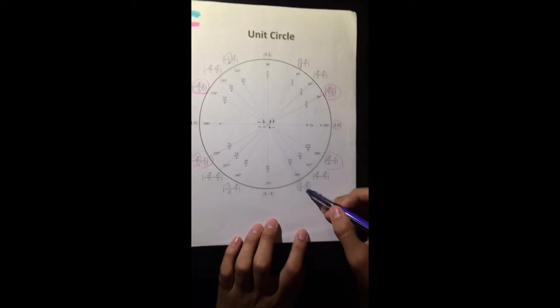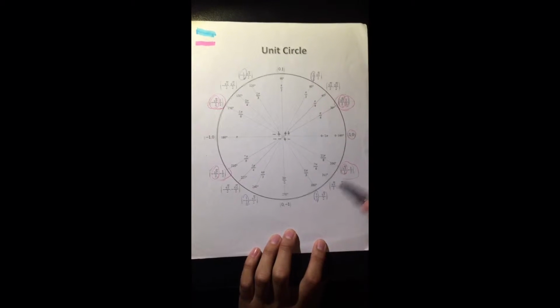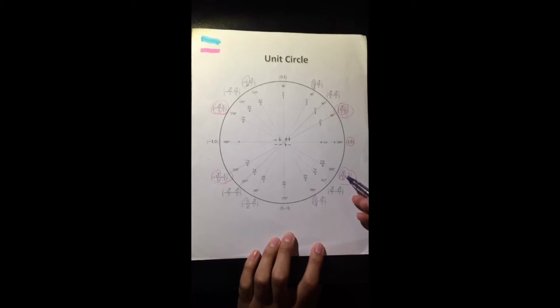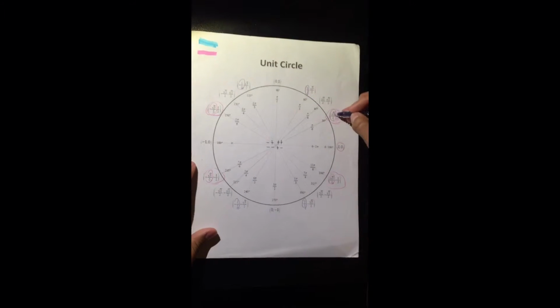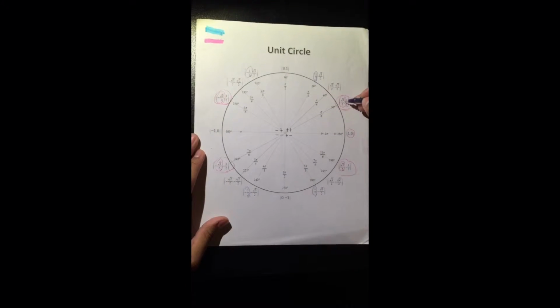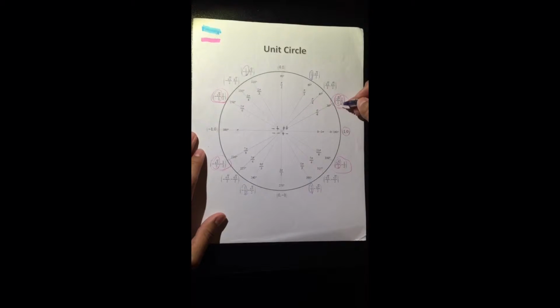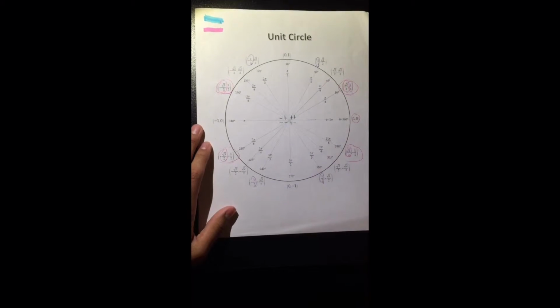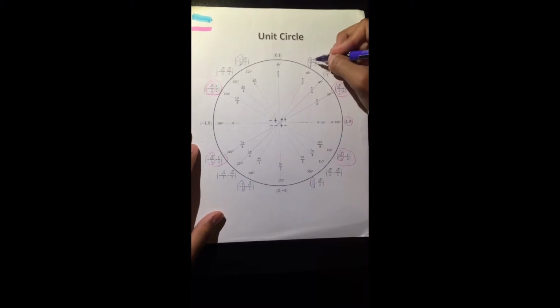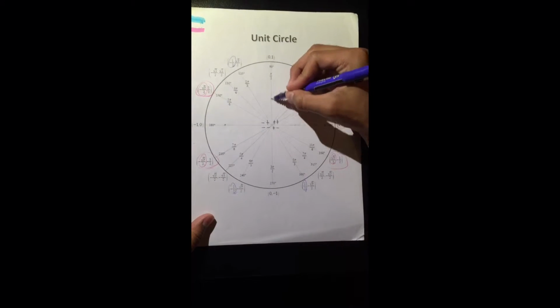Now, a good way to remember if 1/2 goes first or square root of 3 over 2 goes first is that square root of 3 over 2 will always be closest to the x-axis, and 1/2 will be closest to the y-axis.